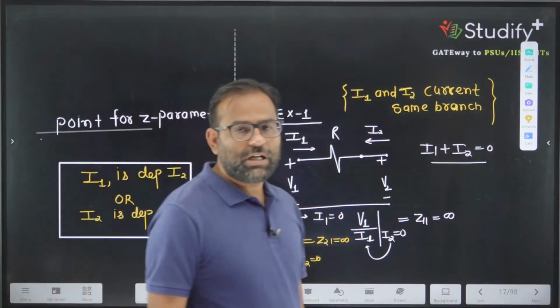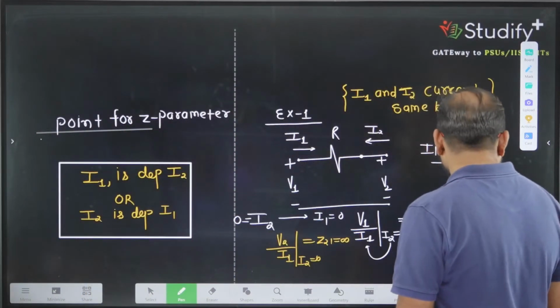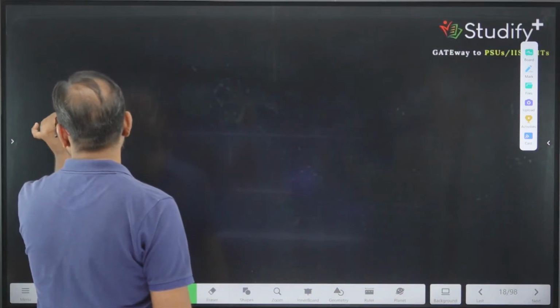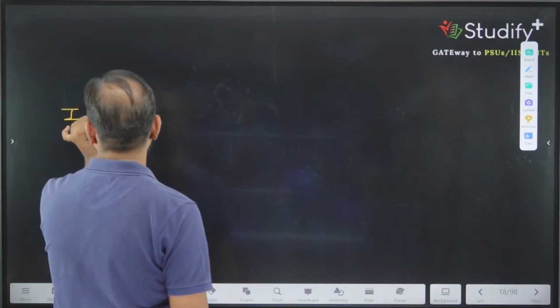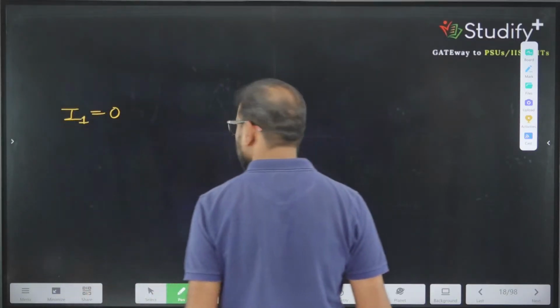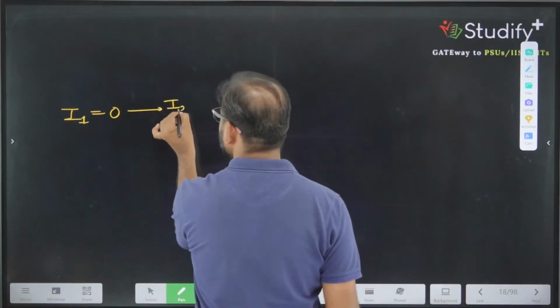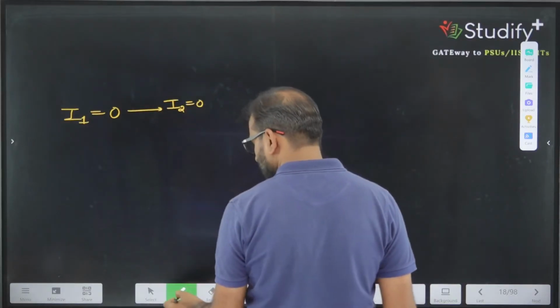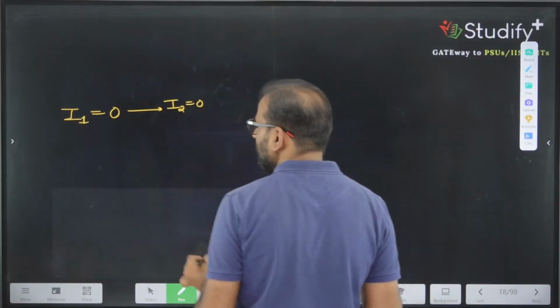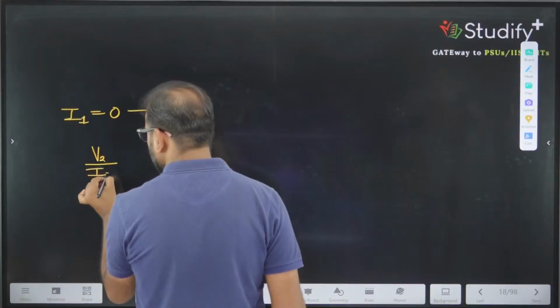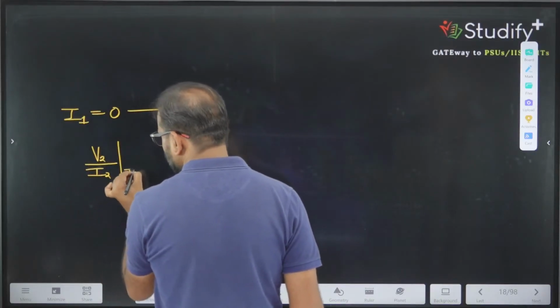This is true for the other parameters also. If you make I1 equal to 0, I1 equal to 0 will force I2 equal to 0. Which parameter are you interested in? V2 divided by I2 by making I1 equal to 0.